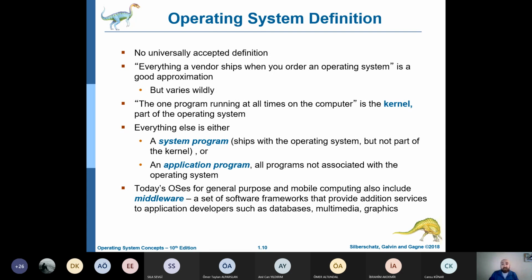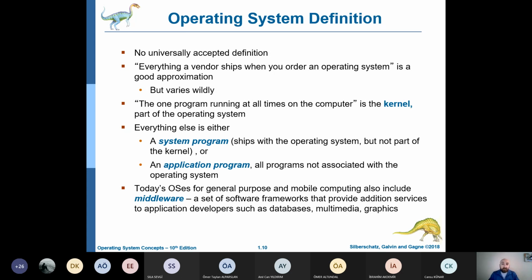But today, we need another definition, because mobile operating systems often include not only a core or kernel, but also middleware, which is a set of software frameworks that provide additional services to application developers. So in many mobile operating systems, that middleware is a part of the operating system. So in that manner, we can change our definition.